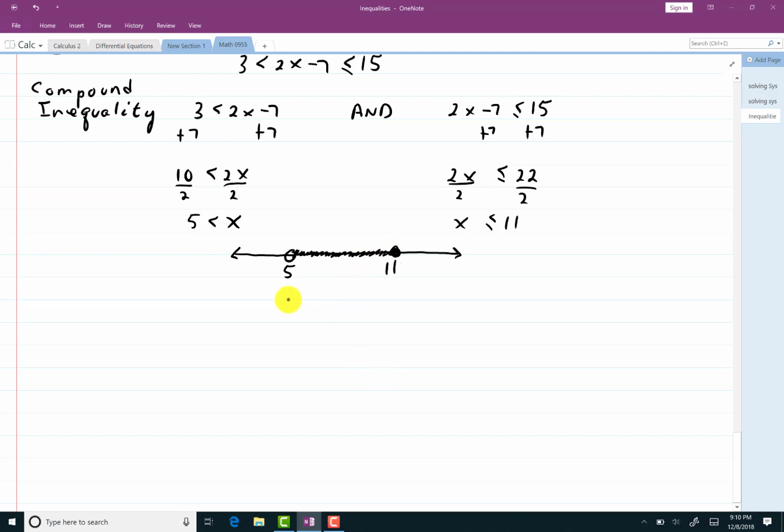And as an interval then, I could write it as 5 with a parenthesis next to it because I'm not including 5 in my answer, up to 11, but put a bracket next to it. That way I know that 11 is included, and I know that 5 is not included.